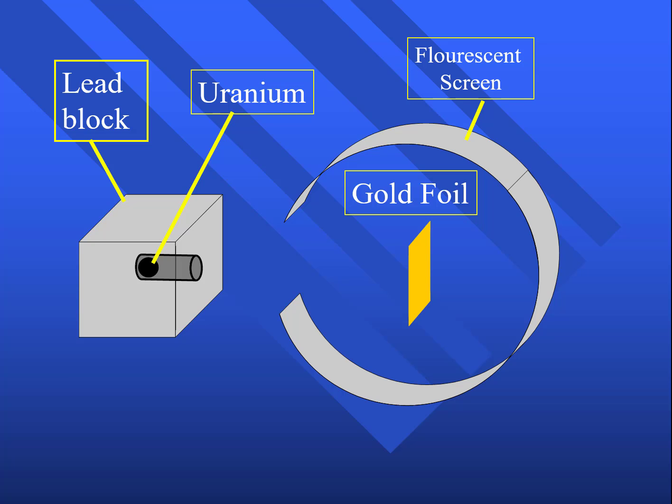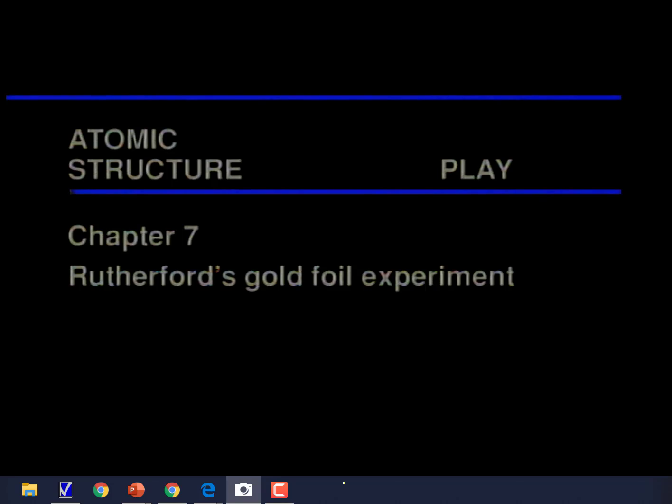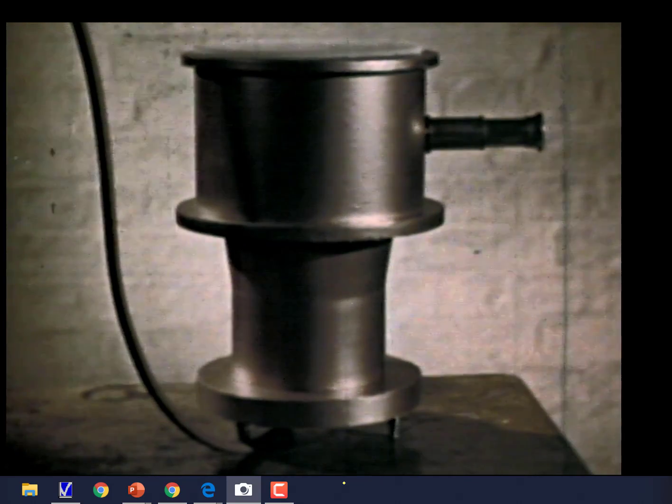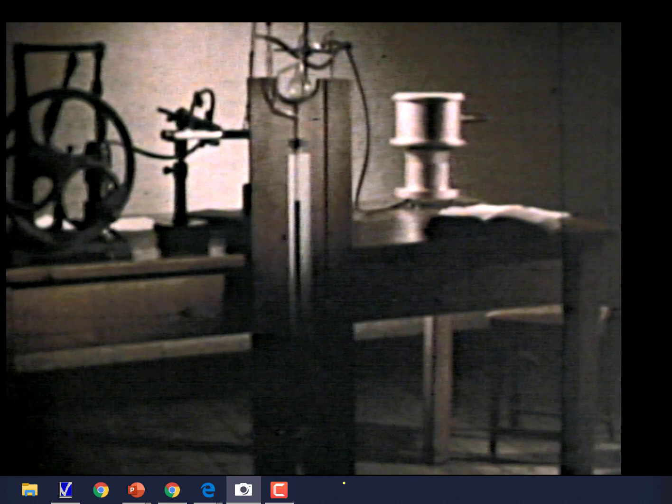Every diagram I've ever seen looks like this. But the actual piece of equipment was this. We'll see what's inside this circular thing, but the key is they had to take the air out, because air is atoms, and you only wanted to hit the atoms in the gold foil.